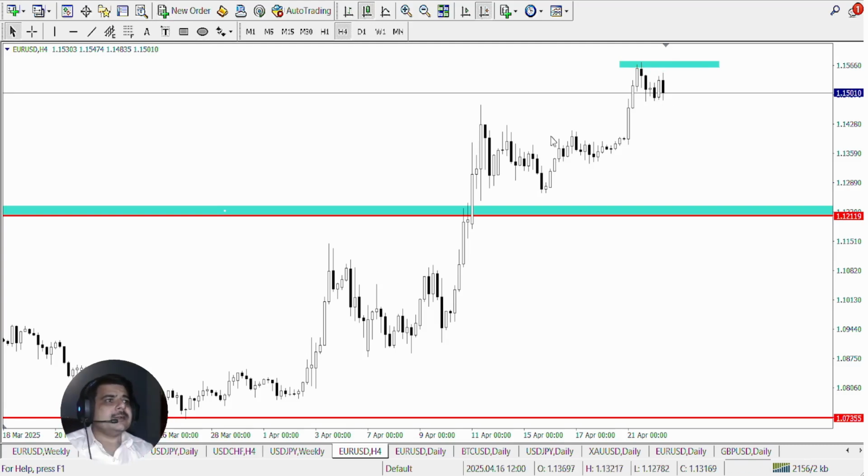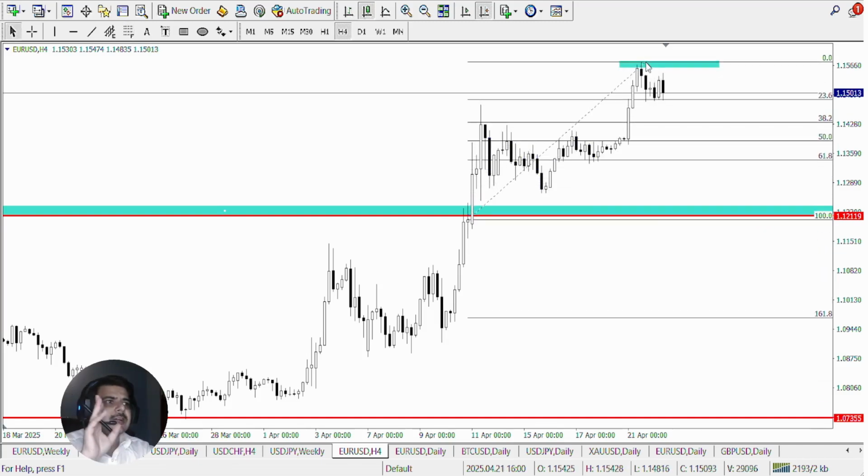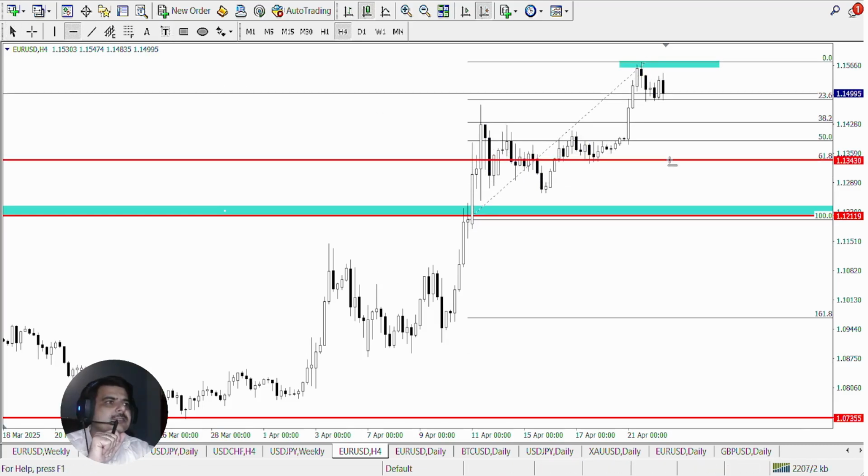But what we can do on the H4 is, since this is our support, I am starting Fibonacci from here and dragging all the way up to there. So the Fibonacci says that this level of 61.8% retracement, this 1.13430 can be a good buying zone.